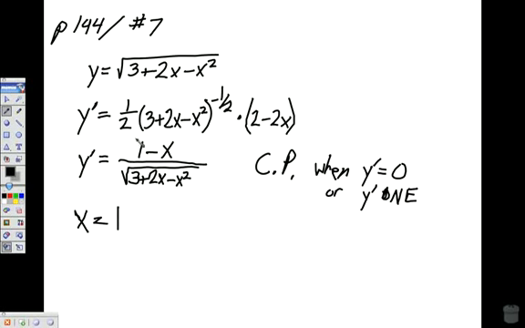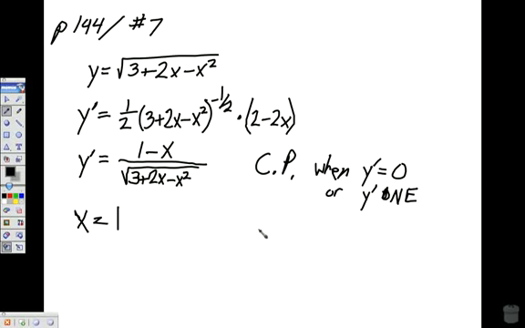The most common way for a fraction to not exist is if we divide by 0, if we have 0 on the bottom. So we've got a square root of this thing. If that's going to equal 0, then we don't even need the square root. The stuff underneath the square root has to equal 0, because square root of 0 is 0.